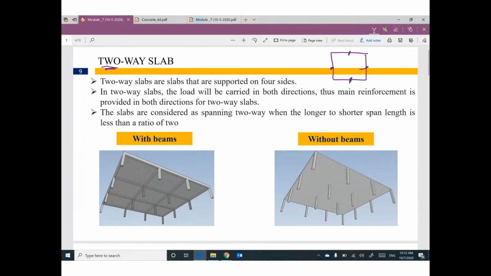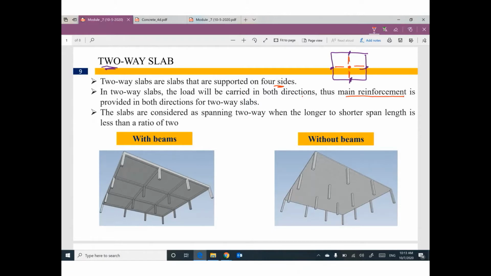That means your load can be moved, can be supported in this direction and this direction. So we have two-way or two directions. So two-way slabs are slabs that are supported on 4 sides. In two-way slabs, the load will be carried in both directions. That means the main steel reinforcement in both directions.